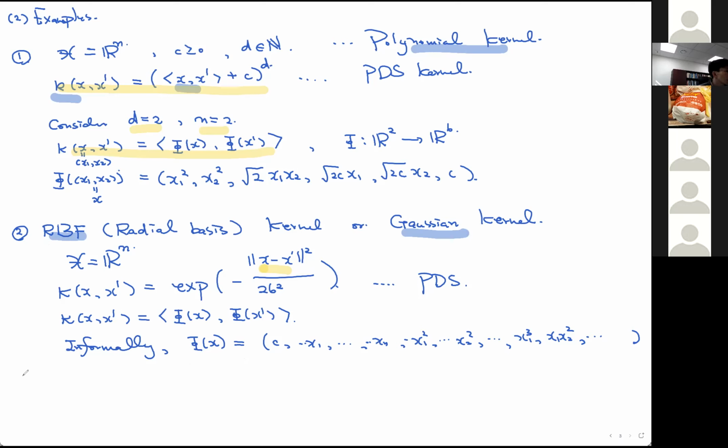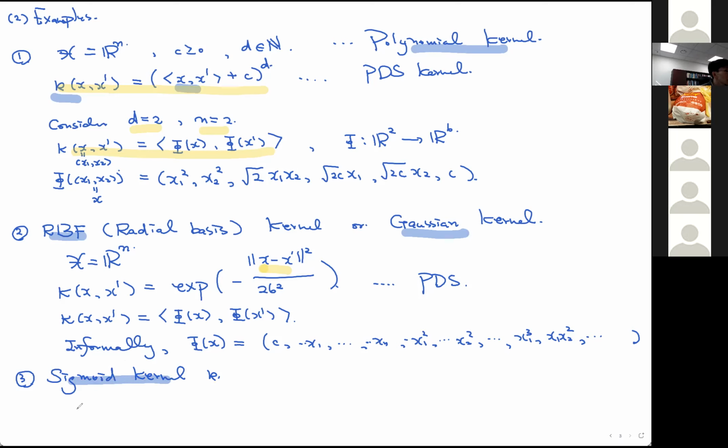The third one is something called the sigmoid kernel. The textbook said this is closely related to neural networks, but I think I have to solve the exercise in the textbook to see how this actually works.